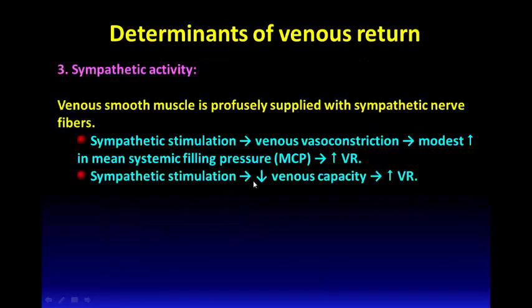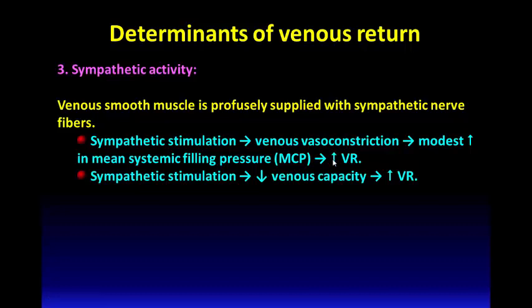The next factor which determines the venous return is the sympathetic activity. The venous smooth muscle cells which we have in the walls of the veins are profusely supplied with sympathetic nerve fibers. Sympathetic stimulation results in venoconstriction, and venoconstriction, as we described earlier, results in modest increase in the mean circulatory pressure, hence the venous return increases.